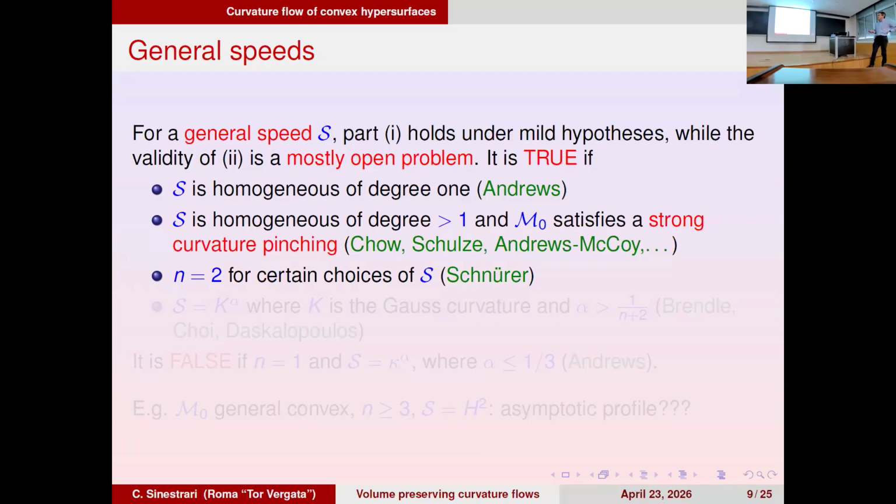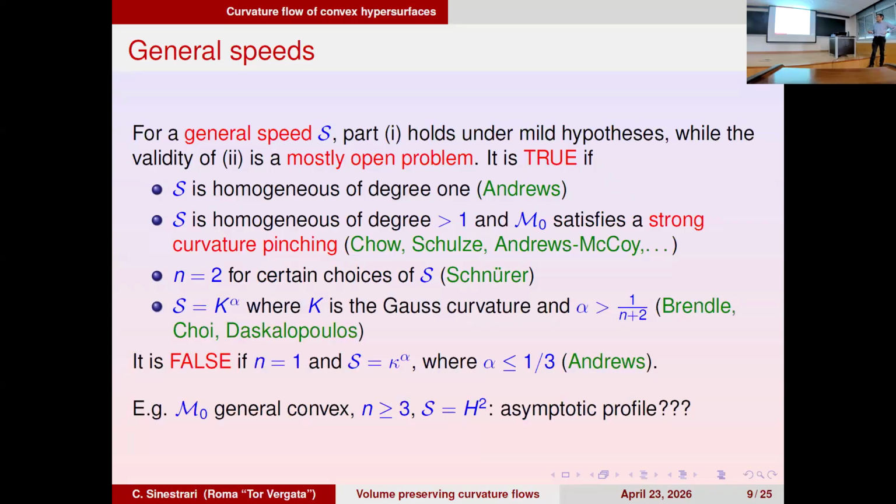And for the two-dimensional case, there are certain choices of the speed where Oliver Schnürer proved the convergence to a round profile. So quite a sensational result, and later came the complete understanding of the Gauss curvature flow and its powers.